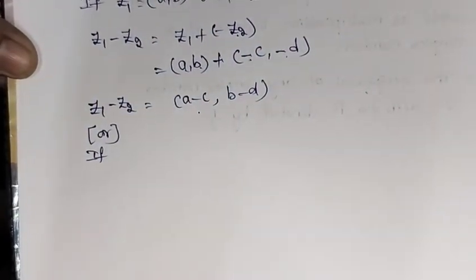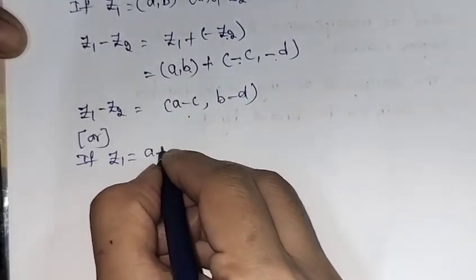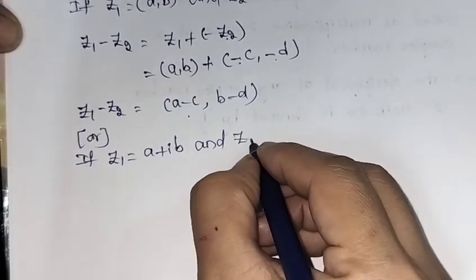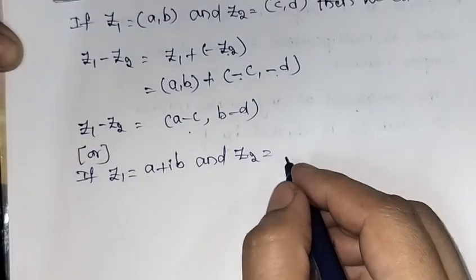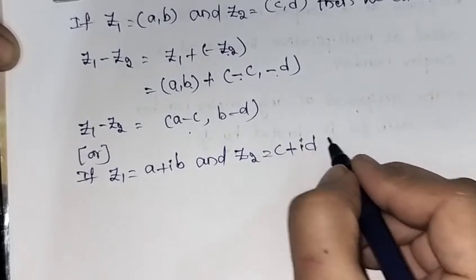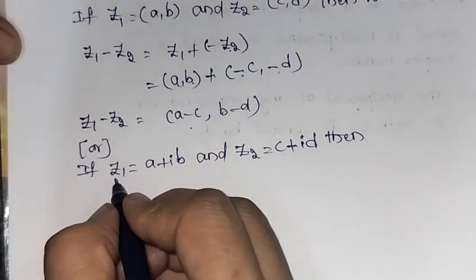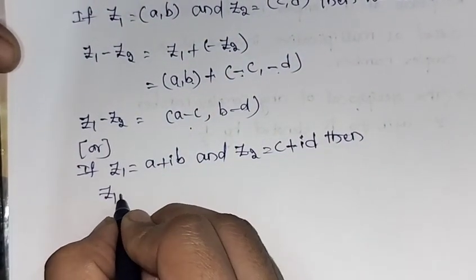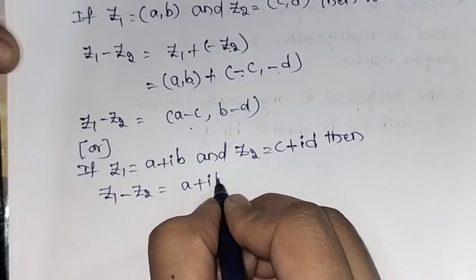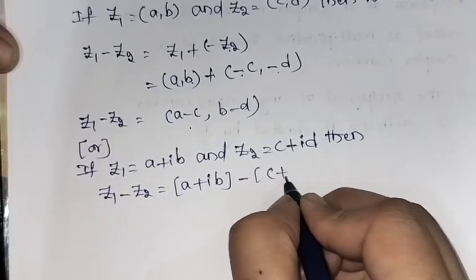If z1 is equal to a plus ib and z2 is equal to c plus id, then difference of two complex numbers z1 minus z2 is equal to a plus ib minus c plus id.